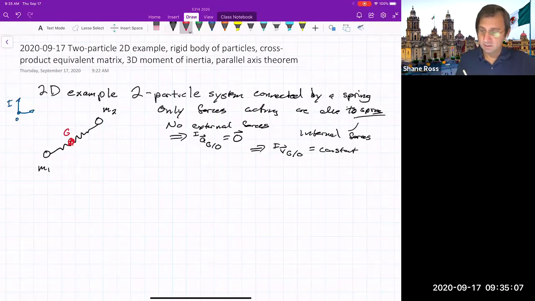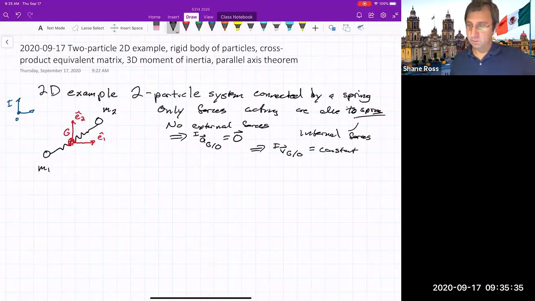So let's just do that. Here's our center of mass. It's on the line connecting M1 and M2. And we'll write this as E1, E2. This system could be written in terms of polar coordinates, right?